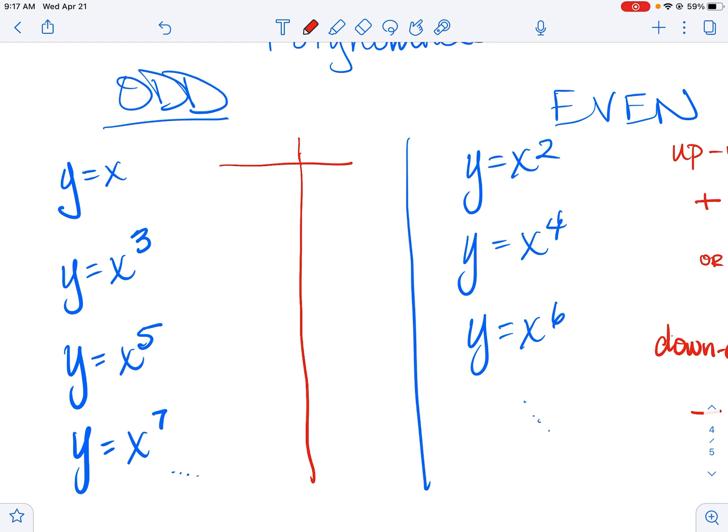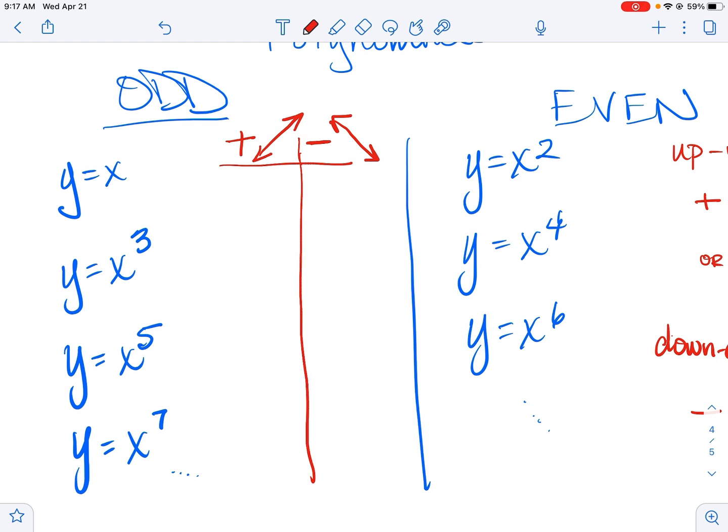If it is positive, then it is going up to the right and down to the left. If it is negative, it is going down to the right and up to the left.